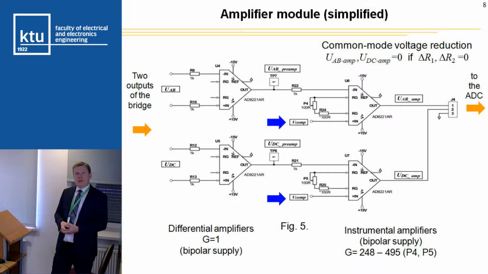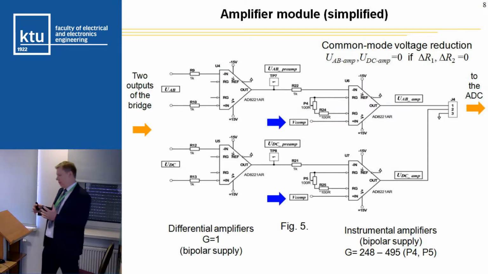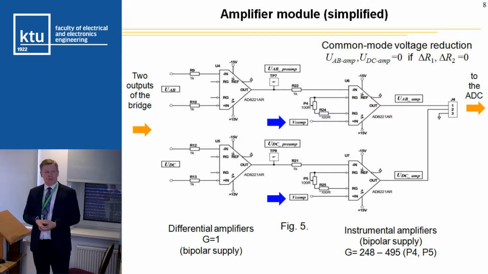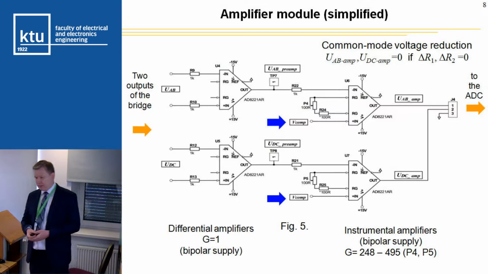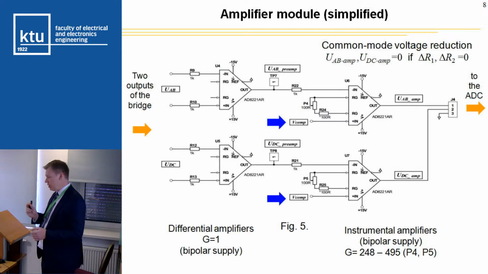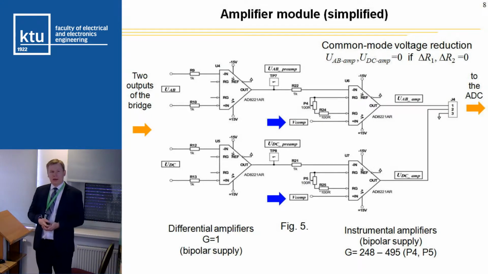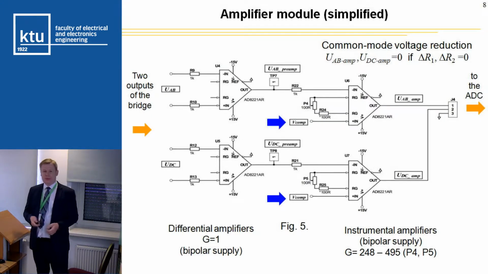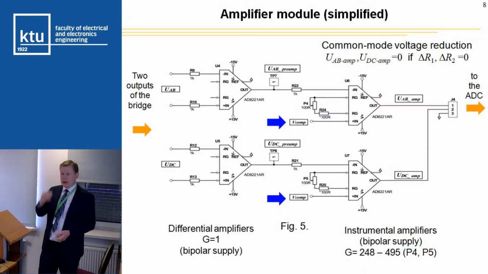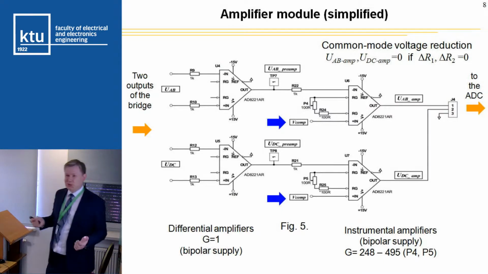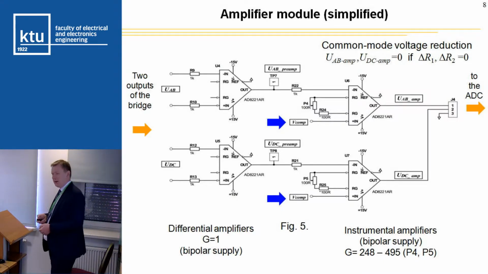What is this maybe complicated circuit for? It is just for giving zero voltages on the output when the increments of change in resistance are zero. And if we do this, the gain can be higher and the resolution can be bigger.